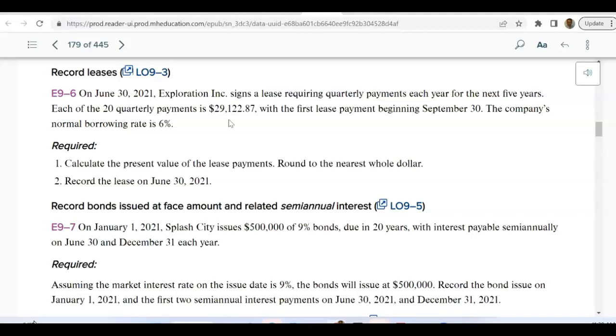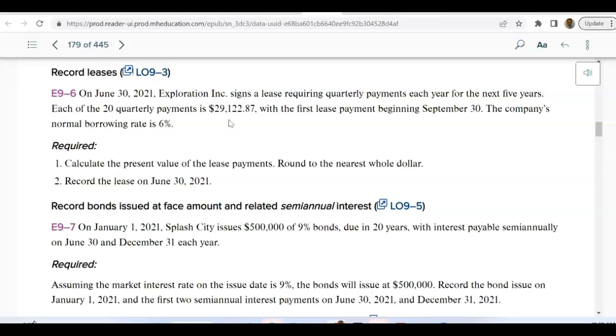No, sorry, ordinary annuity. Why is it ordinary annuity but not annuity due? Because in an ordinary annuity, every payment, specifically the first payment, comes at the end of each quarter. So that's ordinary annuity.